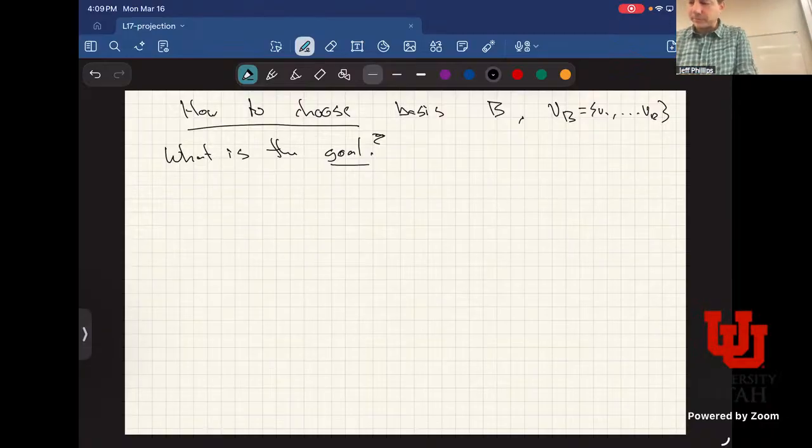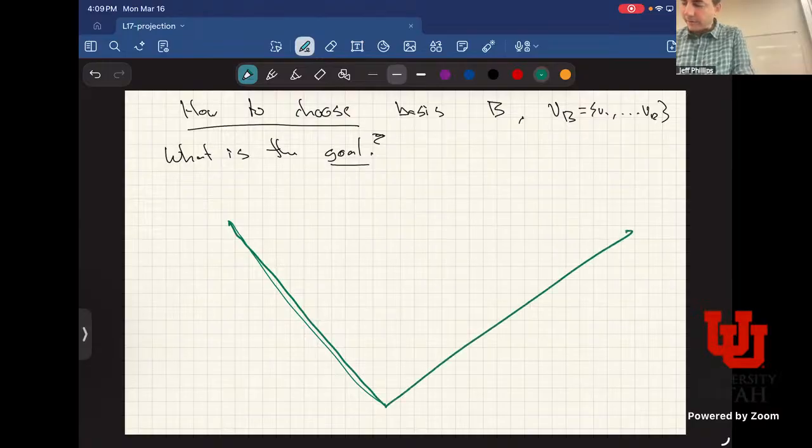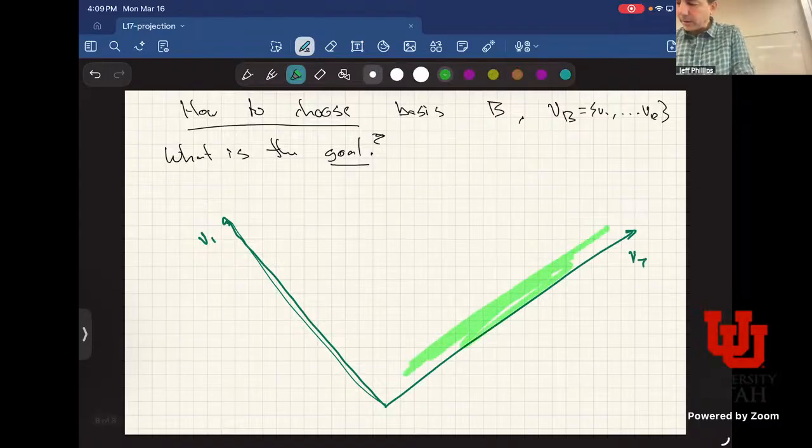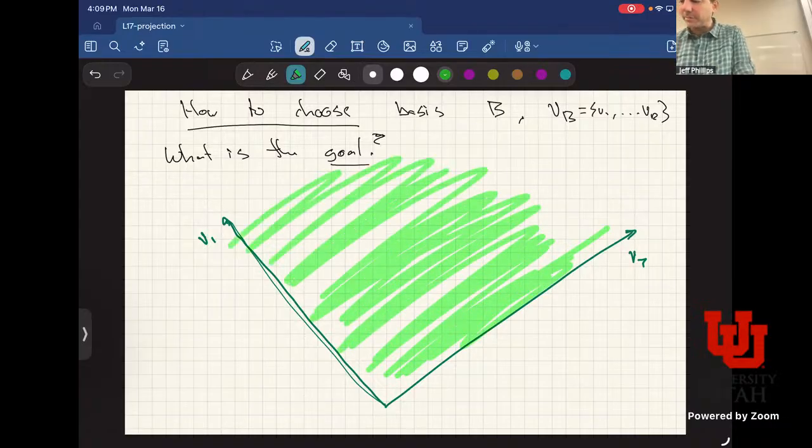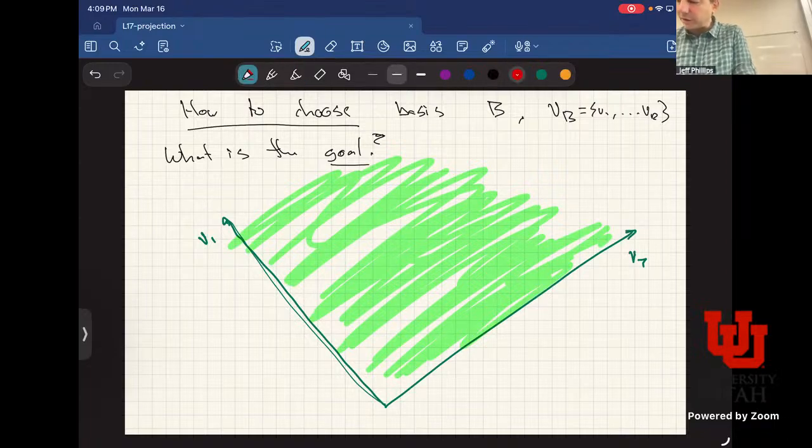You could think of a picture now where I want to choose V1 and V2, and there's some subspace in here, and this lies in some high dimensional space. And there's going to be a bunch of data points.